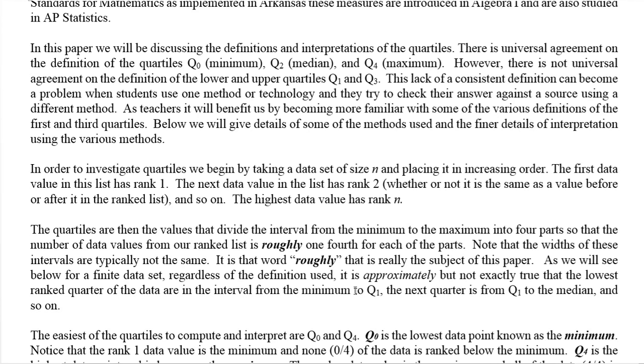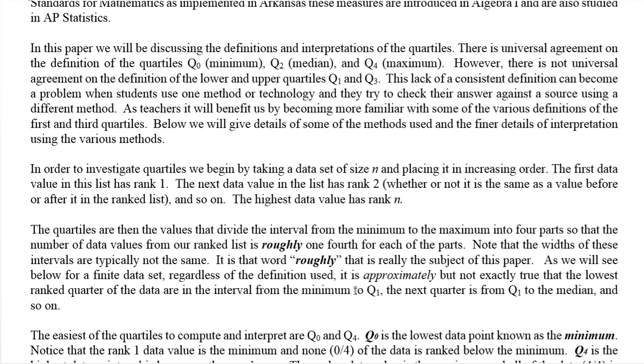So in this video, we're going to be talking about the definitions and interpretations of the quartiles. There's universal agreement on the definitions and the ways of computing the quartiles Q0, the minimum, Q2, the median, and Q4, the maximum. However, there's not universal agreement on the definition of the lower and upper quartiles, Q1 and Q3.